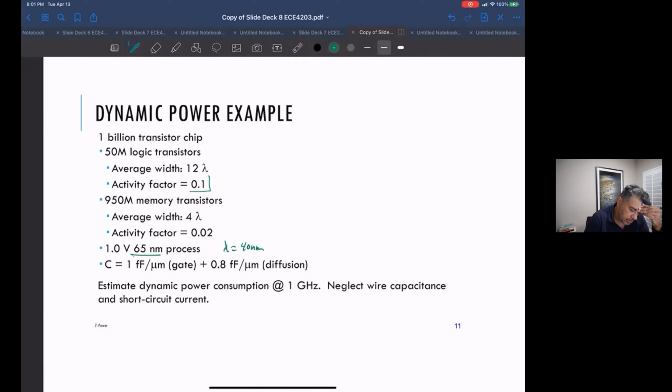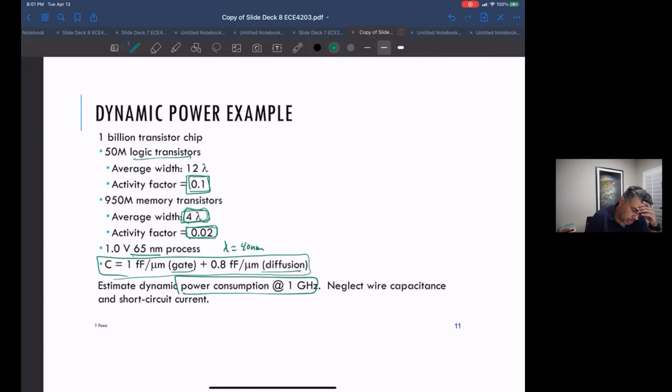The activity factor of the logic is fairly high. The memory is only accessed once in a while. The memory transistors are smaller on average than the logic transistors, and they're also activated less. And this is the capacitance per gate and diffusion.